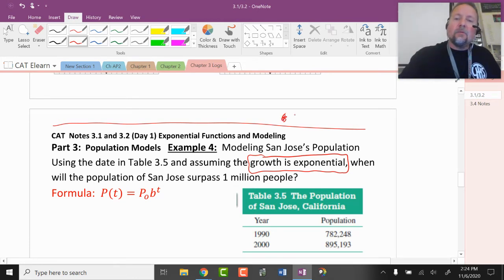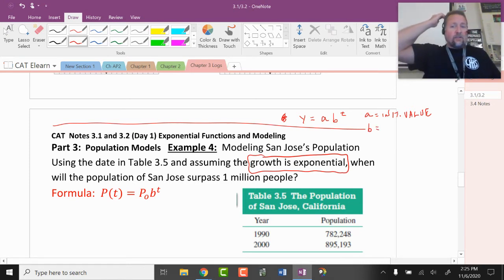Y equals A times B raised to the T. A equals the initial value of this situation. And then B represents what this function is doing. Is it growing or decaying?